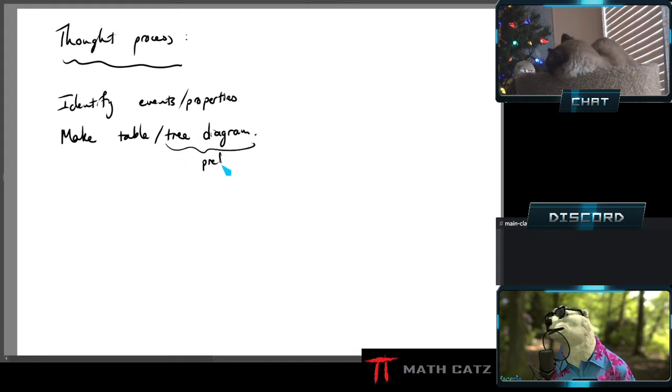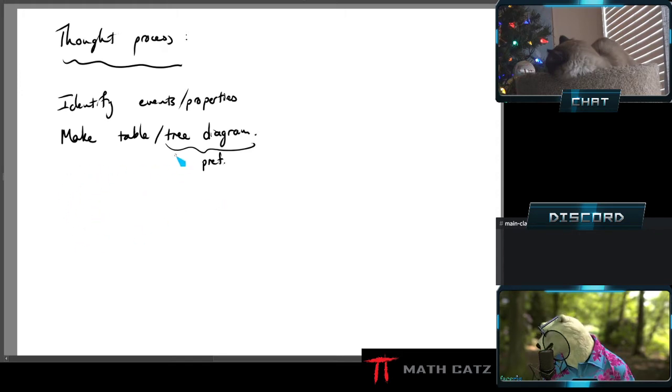So this is going to be my preferred option. But if they give me straight up numbers, like our very first example, a table can be sufficient in simple cases. In more complicated cases, a tree diagram would be preferred, and it covers whatever the table can do anyway. So unless the question specifically says make a table, you can choose whatever you want.